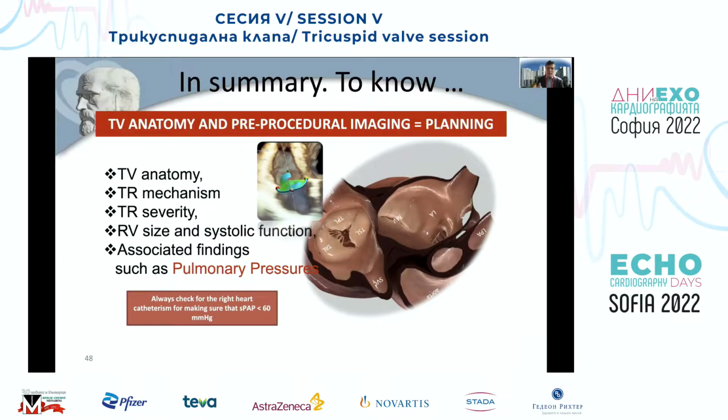So never forget tricuspid valve anatomy, tricuspid regurgitation mechanism, tricuspid regurgitation severity, right ventricular size and function, and the associated findings that are crucial for the prognosis, like the pulmonary pressure. Thank you very much for your attention, and please continue enjoying the meeting.